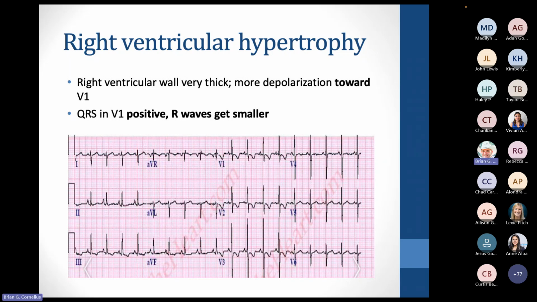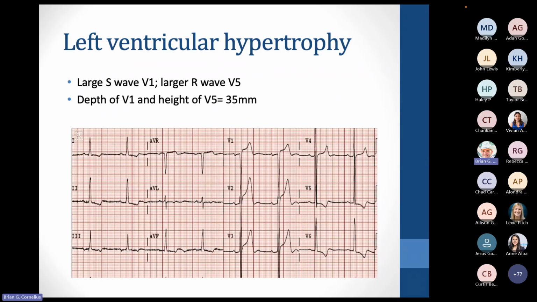Be mindful of your QRS changes for V1, especially if you have RVH. And when we start worrying about patients with concentric hypertrophy, just be mindful that you may have a little bit more depolarization towards V1. LVH, usually you're going to have large S waves in V1. Again, not something really to get focused on.